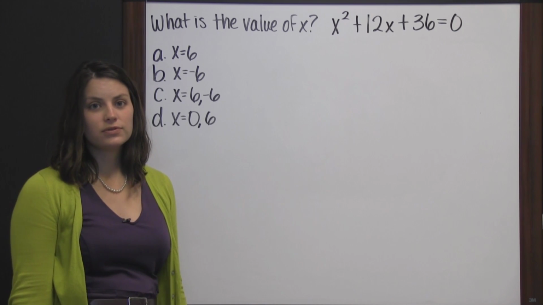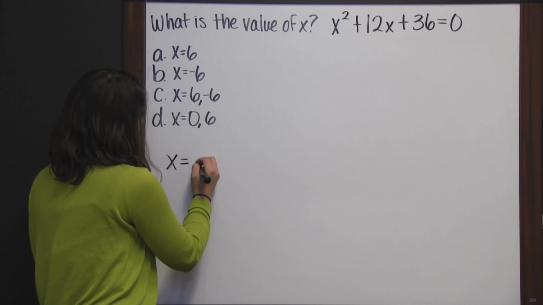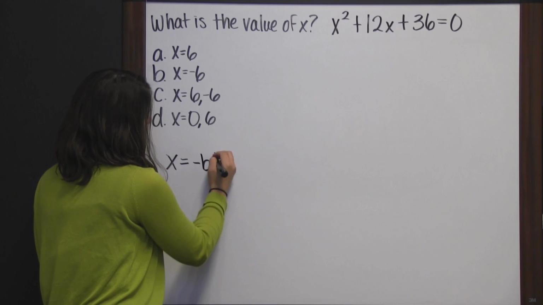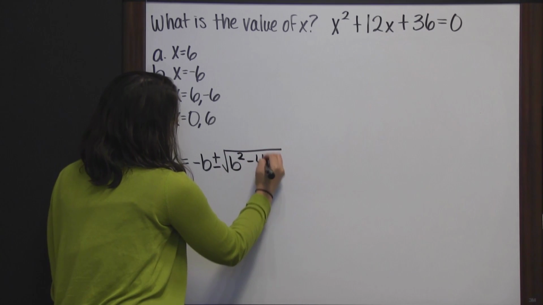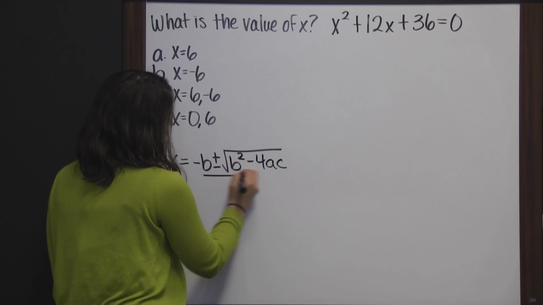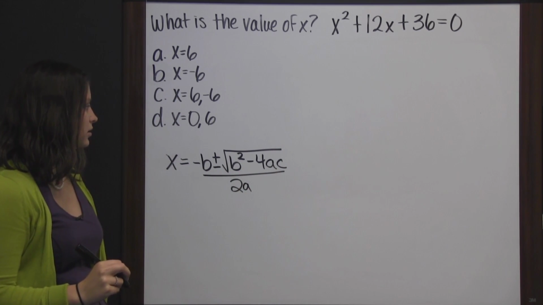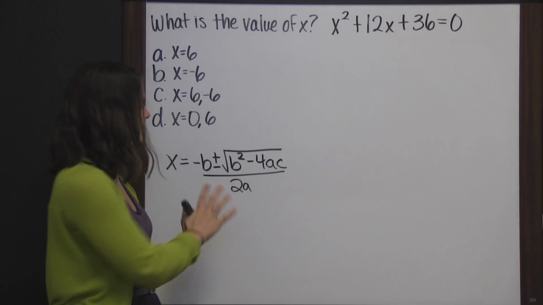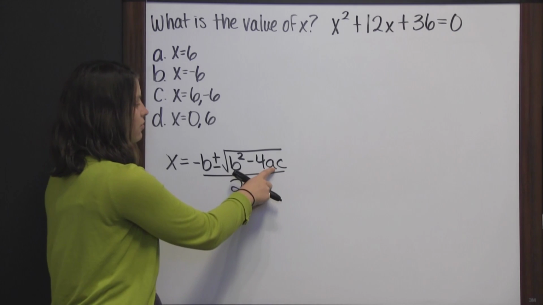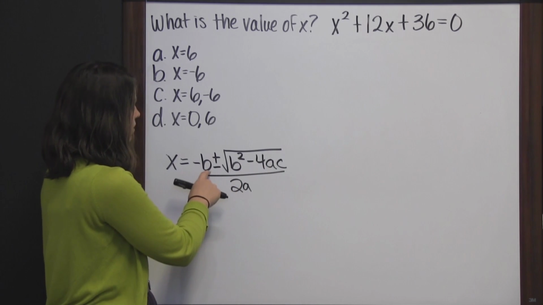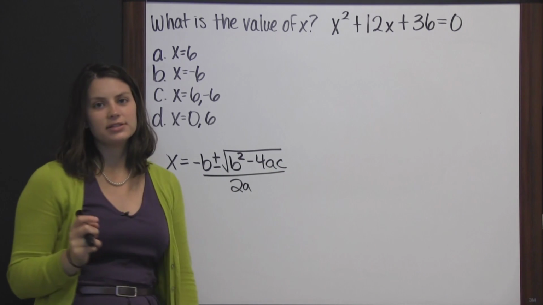One way would be to use the quadratic equation, which is x equals the opposite of b plus or minus the square root of b squared minus 4 times a times c, all divided by 2a. And the a, b, and c are just the coefficients: a is the coefficient of your x squared term, b is the coefficient of your x term, and the c is your constant.